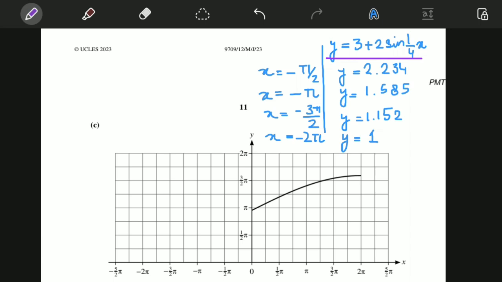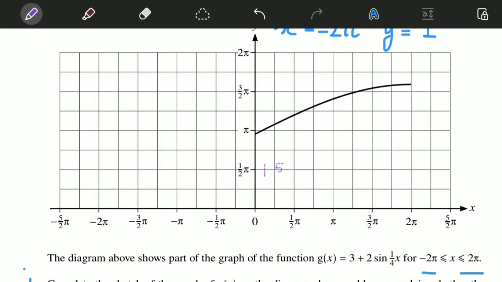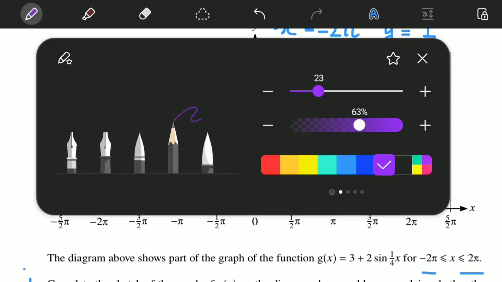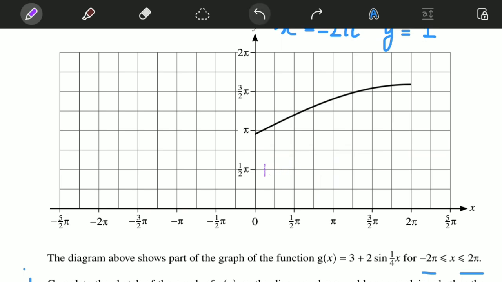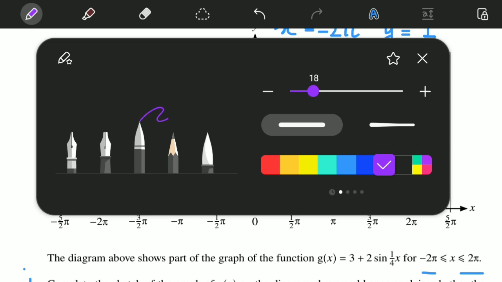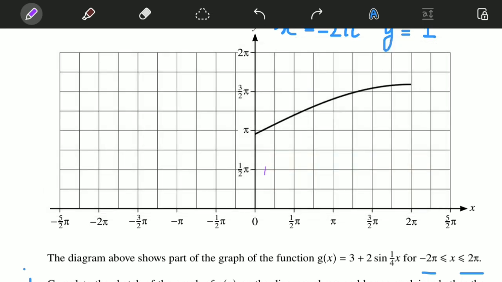Okay, so pi by 2 will be 1.57, then 3.14, 4.71, 6.28.